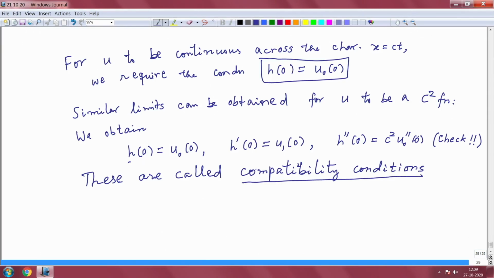So, this h is the boundary condition and u 0, u 1 are the initial conditions. Maybe there is a C missing here, just check that.